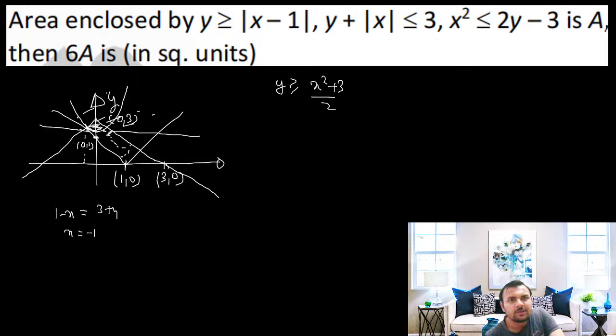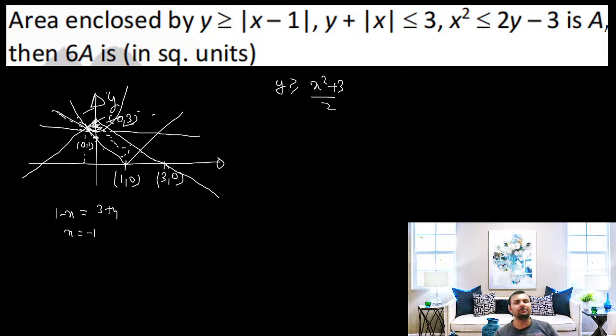Okay, so this line we know, the equation of this line. One is this line. Okay, this line is the outcome of which line? This line and this line.